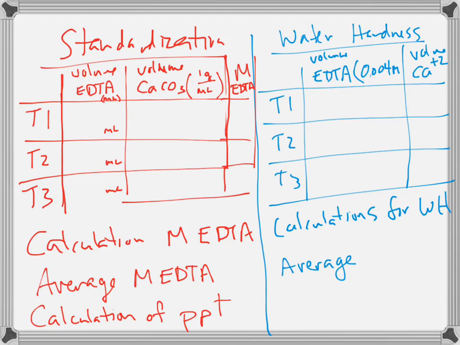And I don't have the space to show it here, but we could also add an extra column for your water hardness value for each trial. That way all of your results are nicely and succinctly organized. In theory, they look a whole heck of a lot better than what I've got scribbled up there. This should all get typed up.